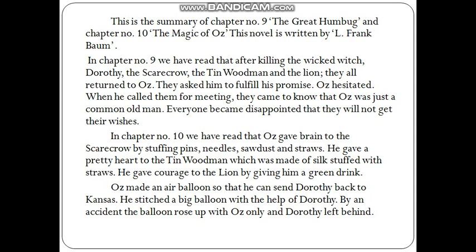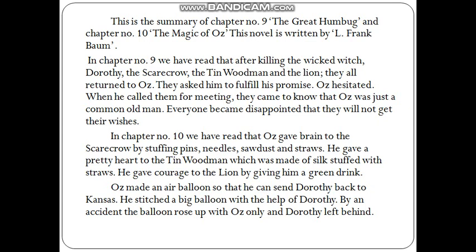Then Oz made an air balloon so that he can send Dorothy back to Kansas. He stitched a big balloon with the help of Dorothy. How? When? Where? With what things? That is not necessary. By an accident. What was the accident?